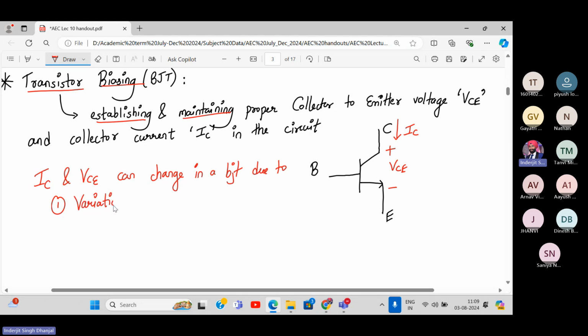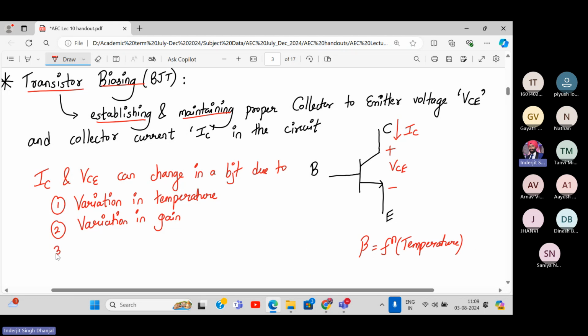So if there is a variation in temperature, the value of IC and VCE will change. Because with increase or decrease in temperature, beta changes. And when beta changes, IC gets disturbed. Similarly, VCE gets disturbed. Second thing is variation in gain. Basically the current gain. So beta actually is a function of temperature. You must have experienced that in your lab also, that beta changes with change in temperature.